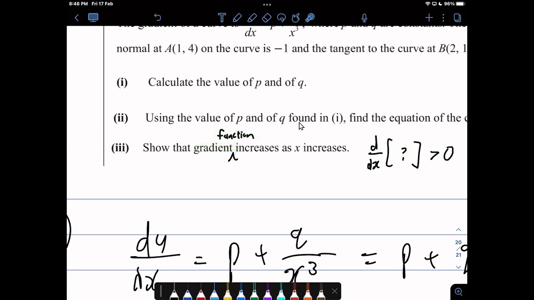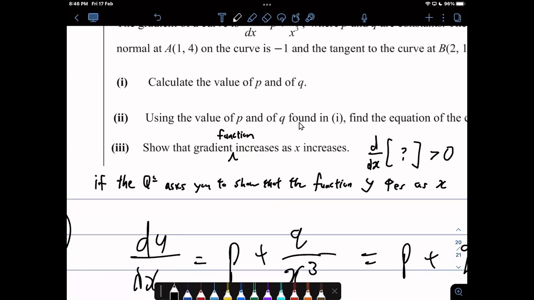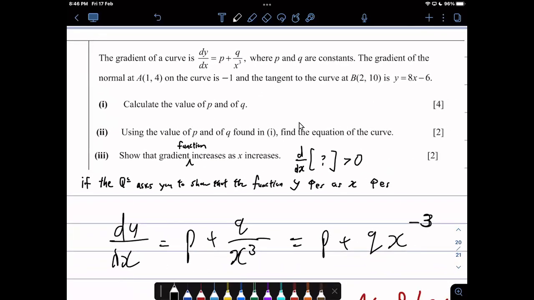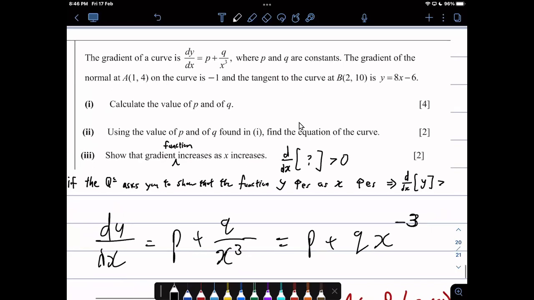No, they're asking for the gradient. So what function is this? If the question asks you to show that the function y increases as x increases, this is asking you to show that d by dx of y is more than 0.